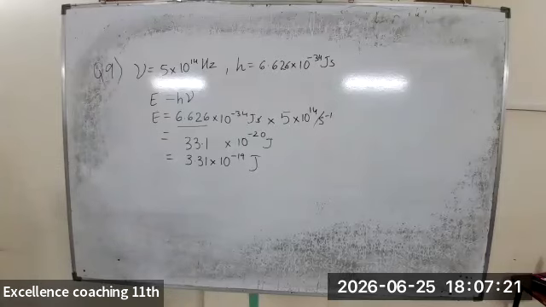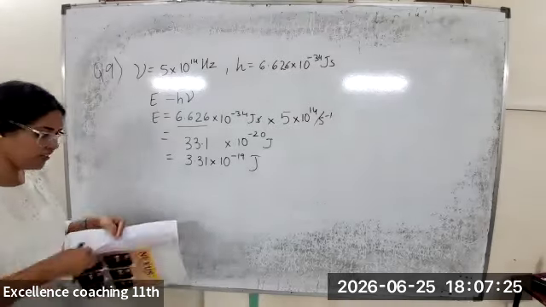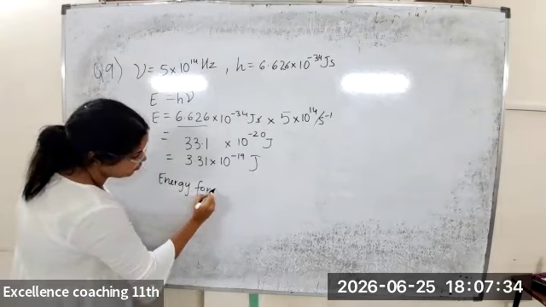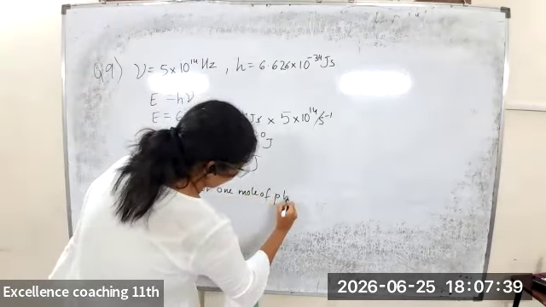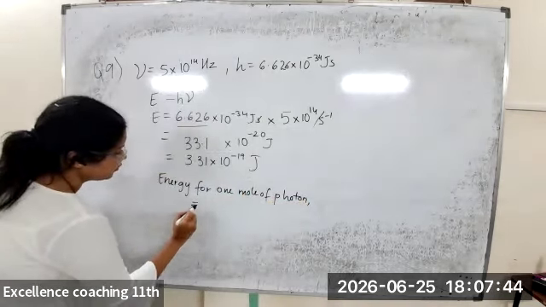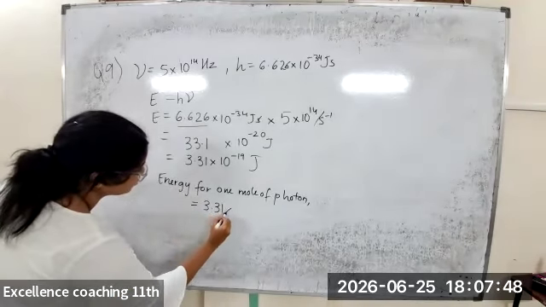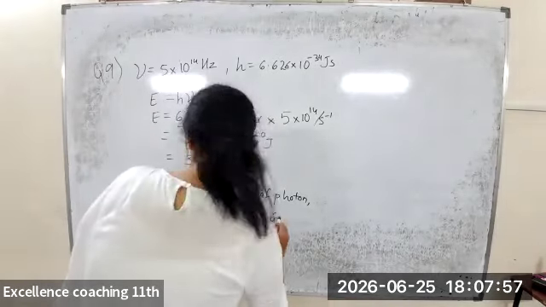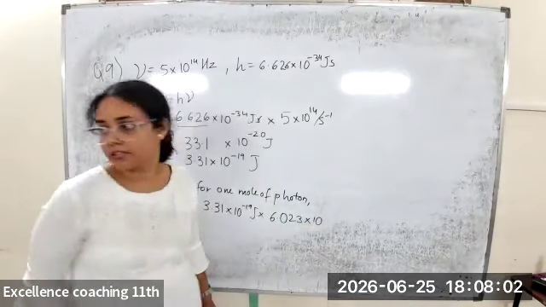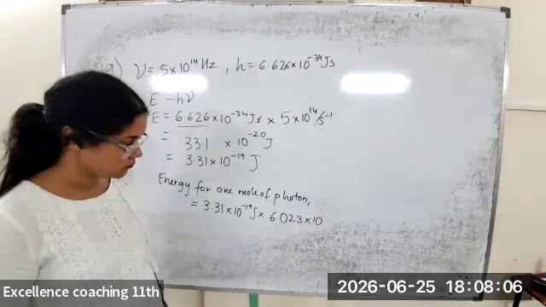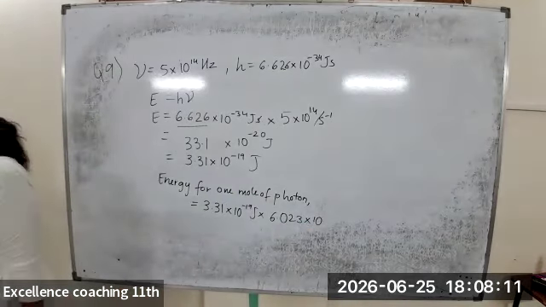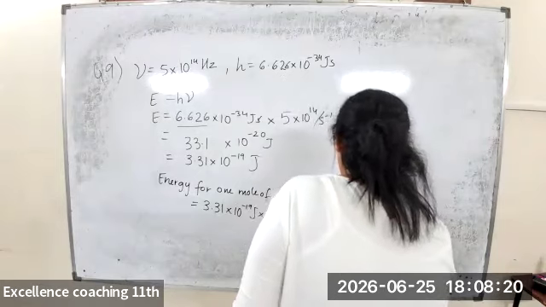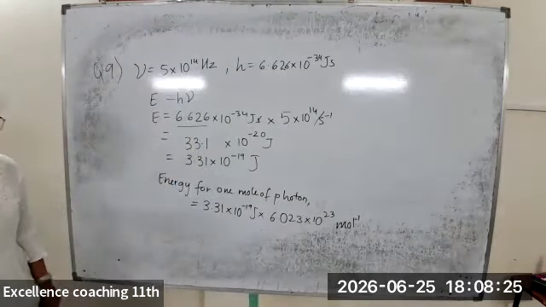So what do we know? 1 mole is equal to Avogadro's number, 6.023 into 10 raised to 23, and the units will be mole inverse. So energy for 1 mole of photon will be equal to 3.31 into 10 raised to minus 19 multiplied by 6.023 into 10 raised to 23.